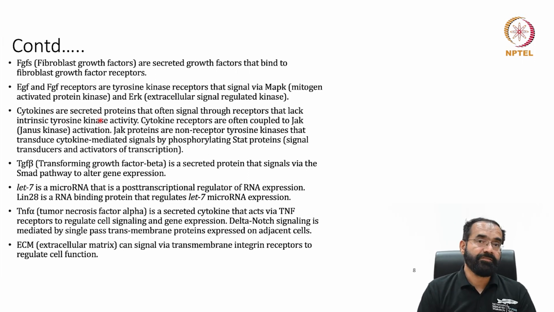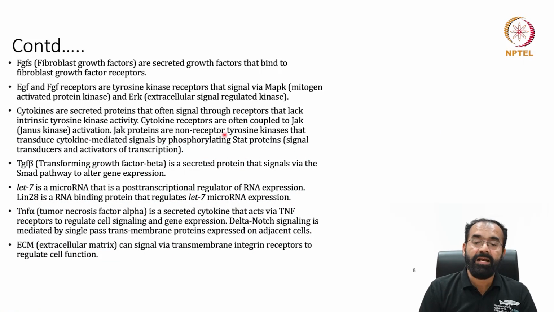And cytokines, which are mainly secreted by your immune cells, are secreted proteins that often signal through receptors that lack their own intrinsic tyrosine kinase activity. They don't do their job unless they bind to a ligand. Cytokine receptors are often coupled to JAK, also known as Janus kinase, which is meant for STAT3 activation.